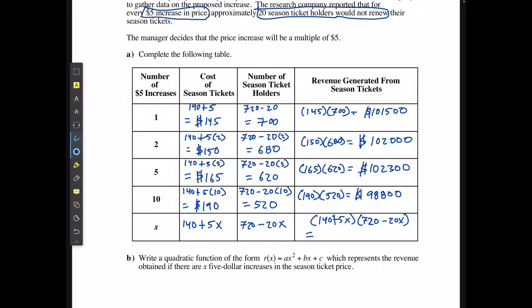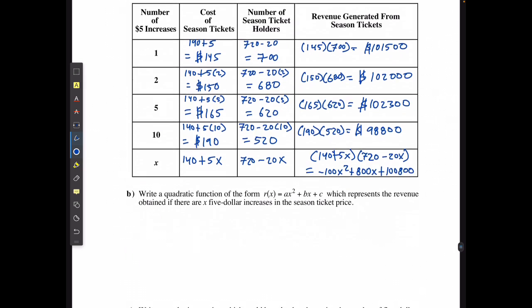If I multiplied this out, this would give me negative 100x squared plus 800x plus 100,800. And that's how I'd solve for my generated revenue.